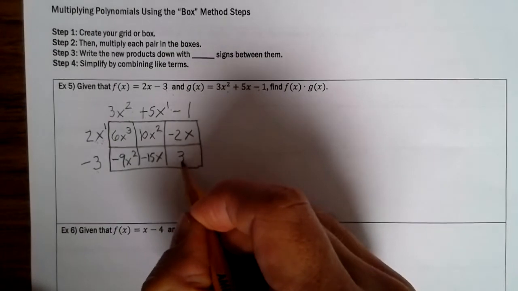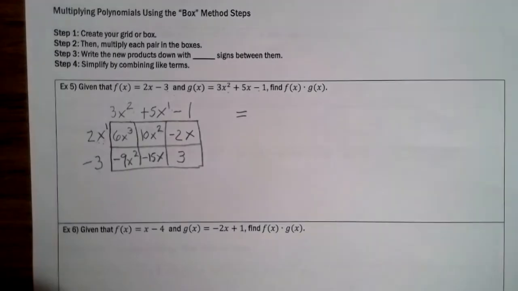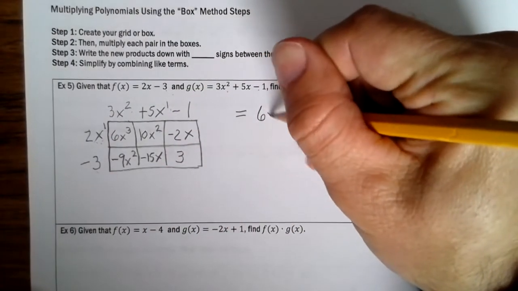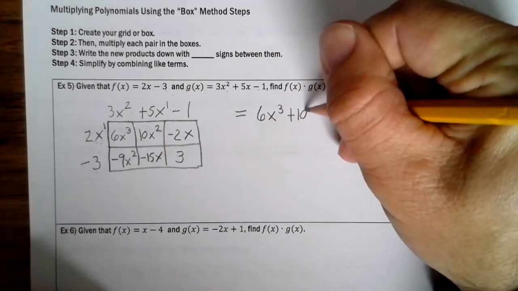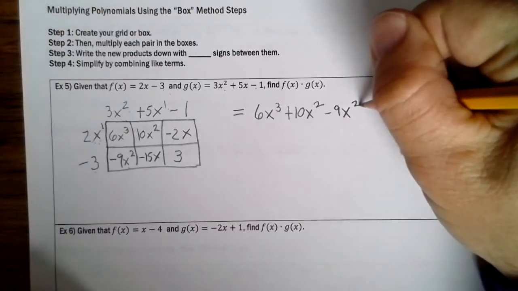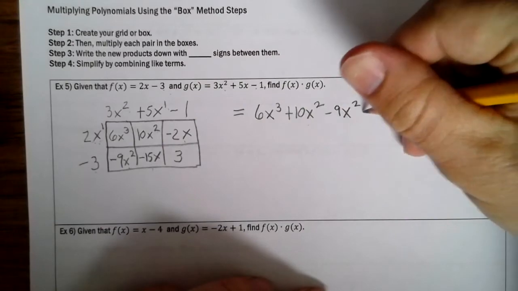Now it says write the new products down with the signs between them. So that's 6x cubed. That's a positive 10, so that's plus 10x squared minus 9x squared. Notice I'm keeping the x squared together, and I'm going to keep the x's together and the 3. So that's minus 2x minus 15x plus 3.